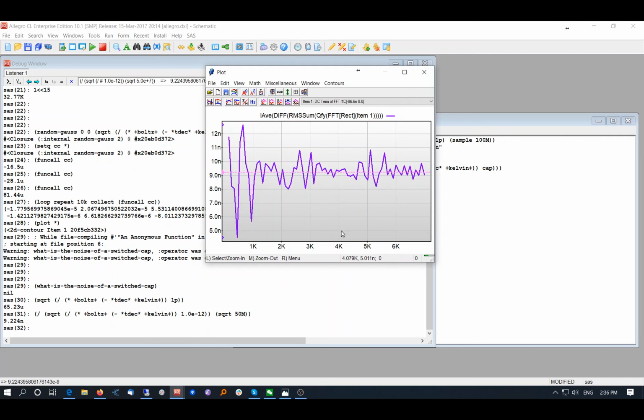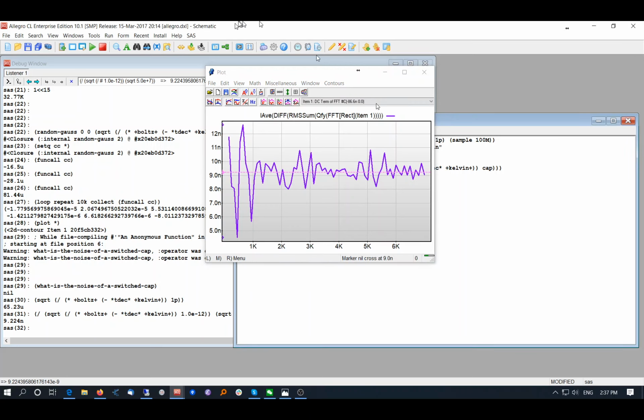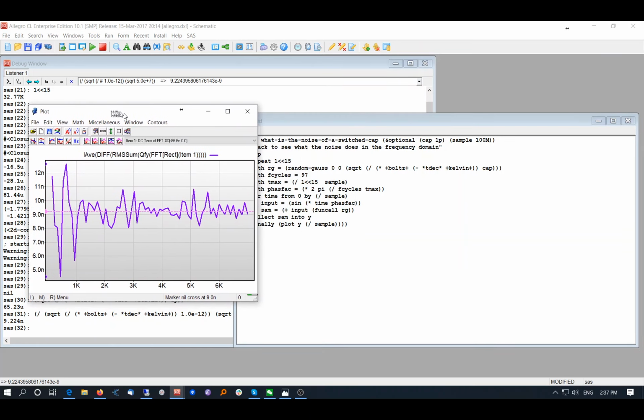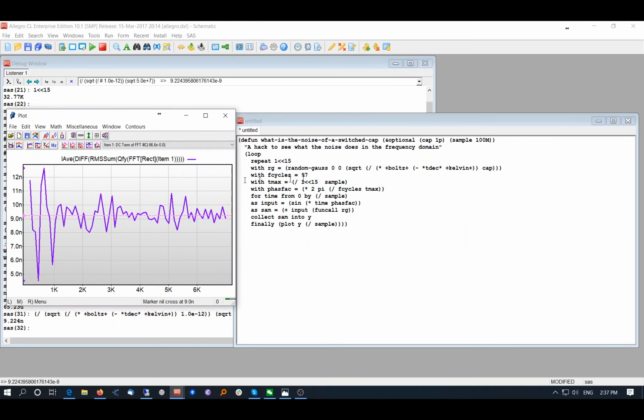And so many things have been proven by this. Number one, a simple understanding of what the circuit is doing, represented by that code, which is just adding a simple random Gaussian distribution to a sine wave, remove the sine wave, analyze the residual noise, it lines up with theory. There you go.